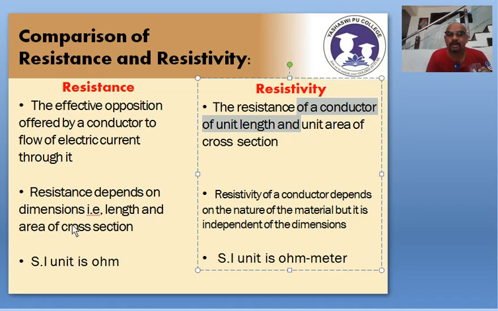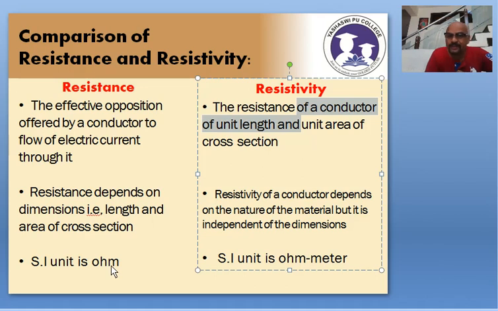Resistance depends on dimensions. When I say dimensions, it is length, area, something like that. Whereas resistivity does not depend on the dimensions. It depends only on the nature of the material and temperature.